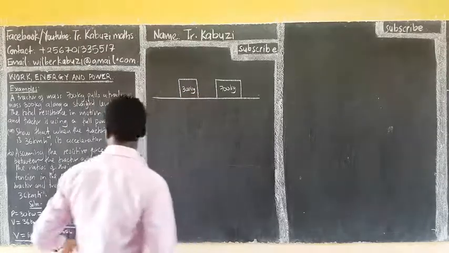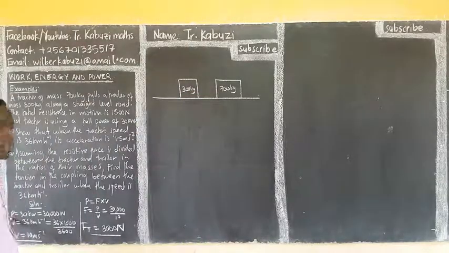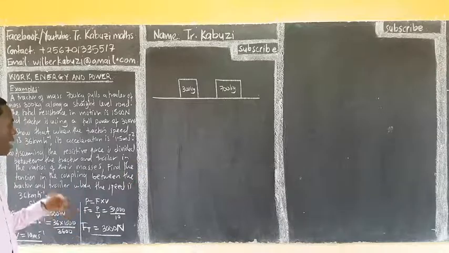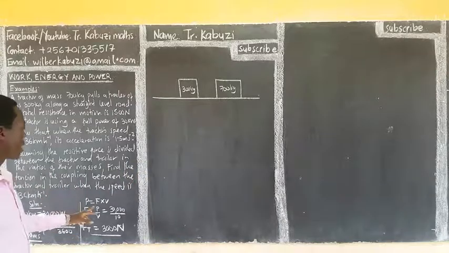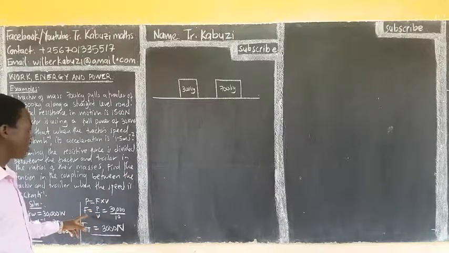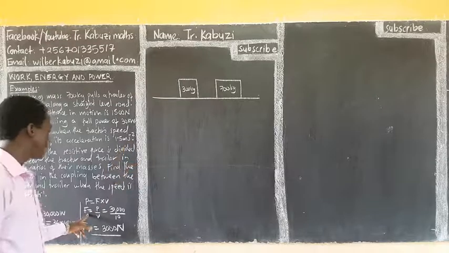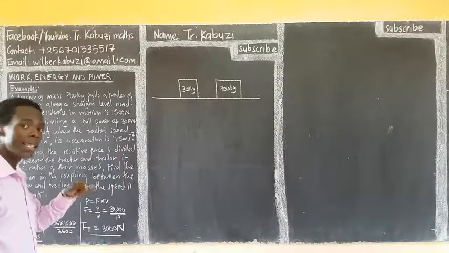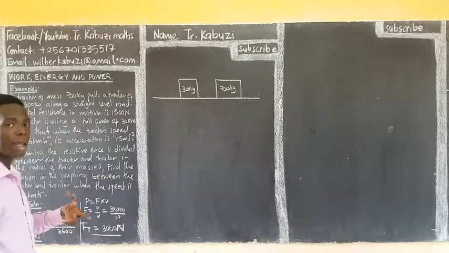Of course, now if we have the power and the velocity, we can know the tractive force, which is going to be pulling that car forward. How do we get the tractive force? From power equals force times velocity, we want this force that is pulling the car forward. It's going to be power divided by the velocity at which the car is moving.